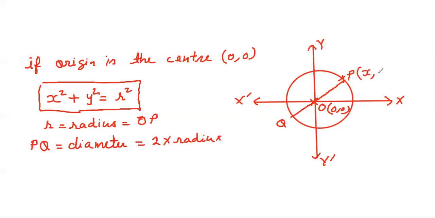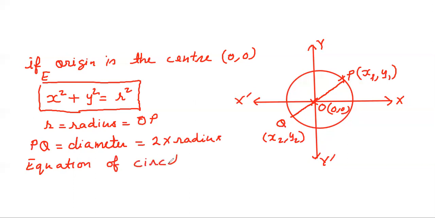Suppose the coordinates of P are x1, y1, and of Q are x2, y2. If PQ is the diameter and its endpoints P and Q are given to you, then what is the equation of the circle?